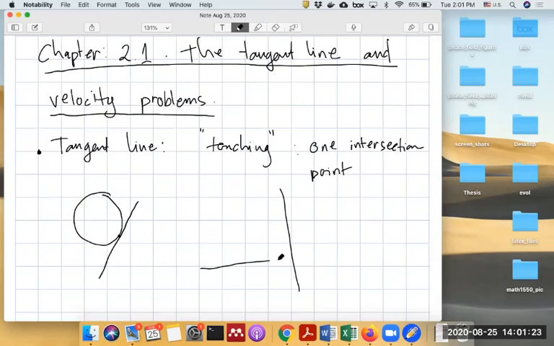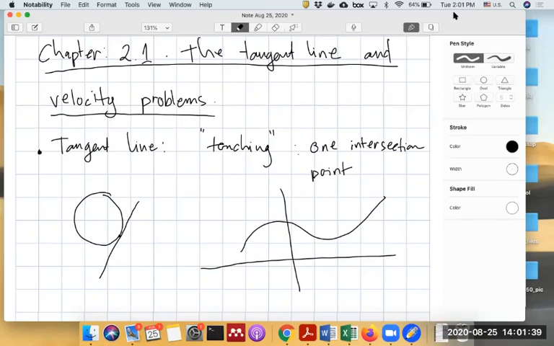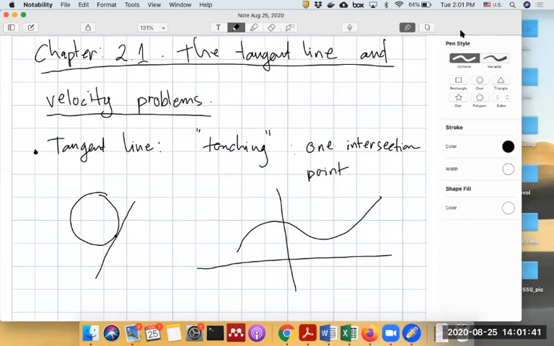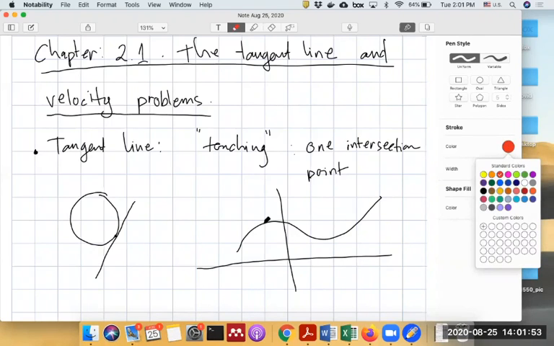How about if we are given an ugly one, like this, and we are asked to find the tangent line at this point?